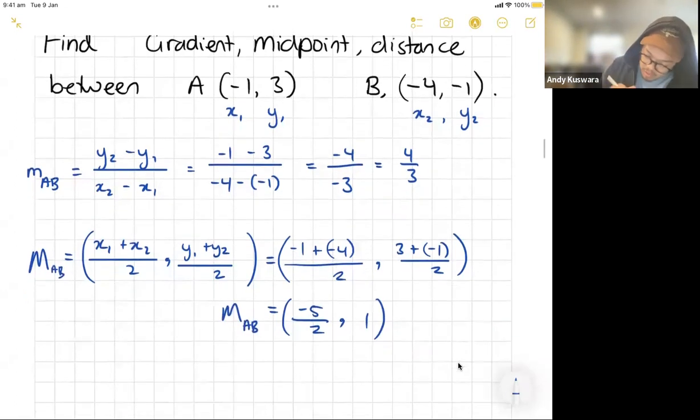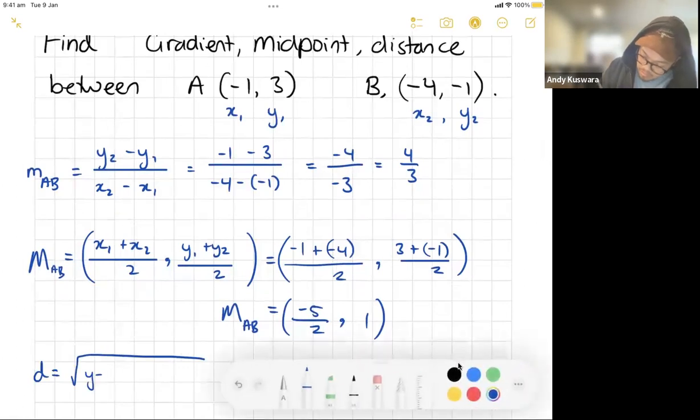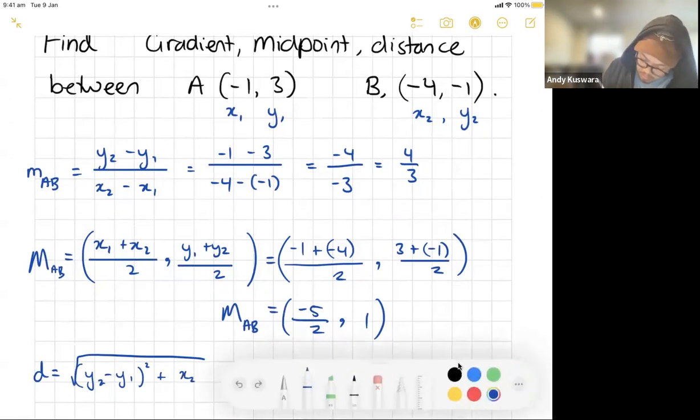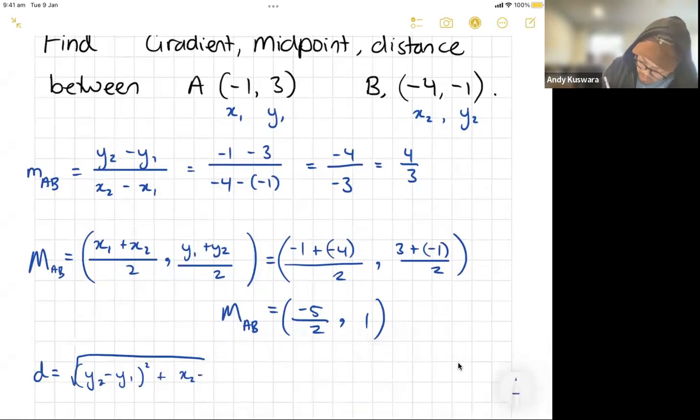The last one, your distance, is just going to be the square root of y2 minus y1. Now note it's not squared, it's y subscript 2, just thought I should make that a little note. It is y2 minus y1 squared plus x2 minus x1 squared, all under a square root.